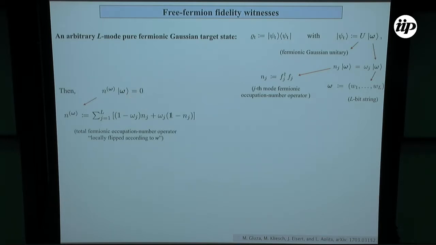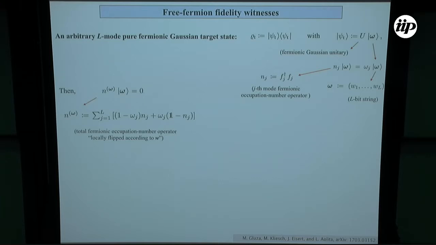For this Fock state, I can define a locally flipped fermionic occupation number. Notice that if all Wj's are 0, then this NW is simply the sum of all Nj's, which is nothing but the total occupation number. But when I have some 1 here, so one populated fermion, then I simply flip it here, in such a way as to obtain an observable such that my Fock state is the 0 eigenvalue eigenstate of this observable.